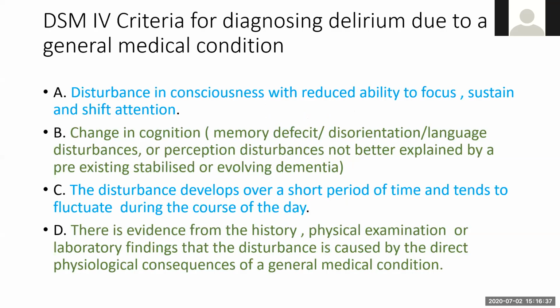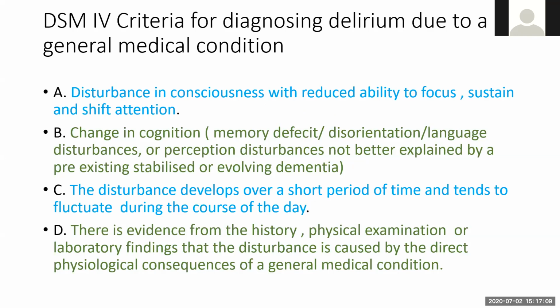There are certain criteria with which we can define delirium. That is the DSM-4 criteria, and there are 4 points. Disturbance in consciousness with reduced ability to focus, sustain, and shift attention. There may be a change in cognition, in terms of memory deficit, disorientation, language disturbances, or perception disturbances, not better explained by a pre-existing, stabilized or evolving dementia.